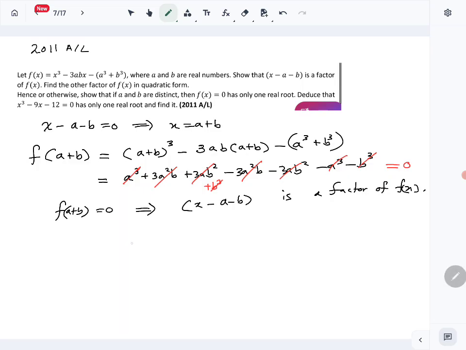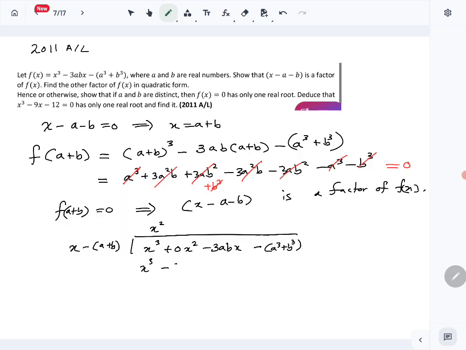Right, we'll do long division. Dividing x³ + 0x² − 3abx − a³ − b³ by x − (a + b)... So I will get x², then x³ − (a + b)x².